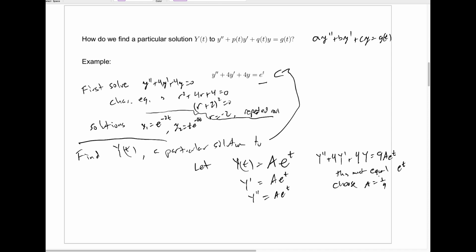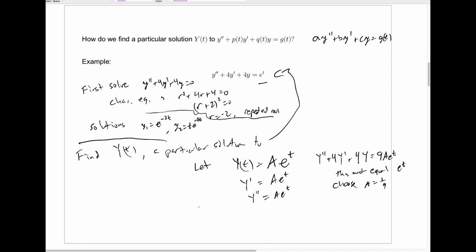So this is what I mean by guess and force. You'll guess a solution with coefficients that haven't been determined yet, and then you'll force it to work. Of course, the formal name for this is the method of undetermined coefficients. So if we guess a solution of the correct form with undetermined coefficients, all we have to do is then plug things in and solve for the coefficient that works.